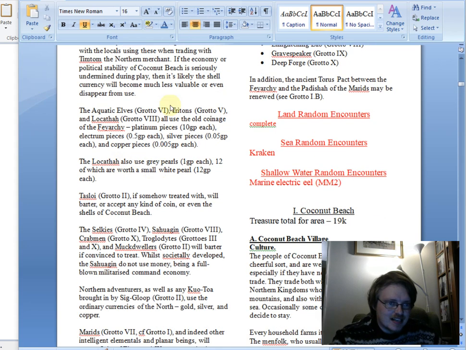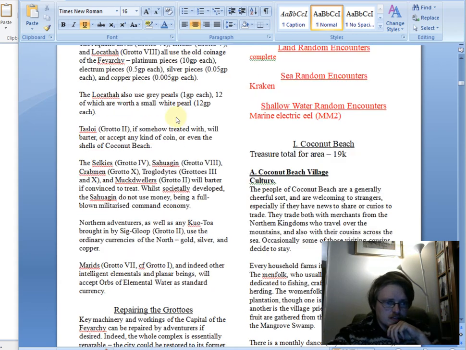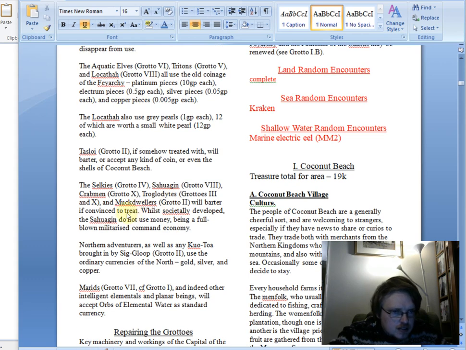But the Locathah use platinum pieces, electrum pieces, silver, copper, and pearls. Their unique currency is pearls, whilst the aquatic elves and the Tritons don't use any other currency other than the ancient elven currency. The Sahuagin are societally developed, but they do not use money, being a full-blown militarised command economy. It's sort of military communist fantasy.